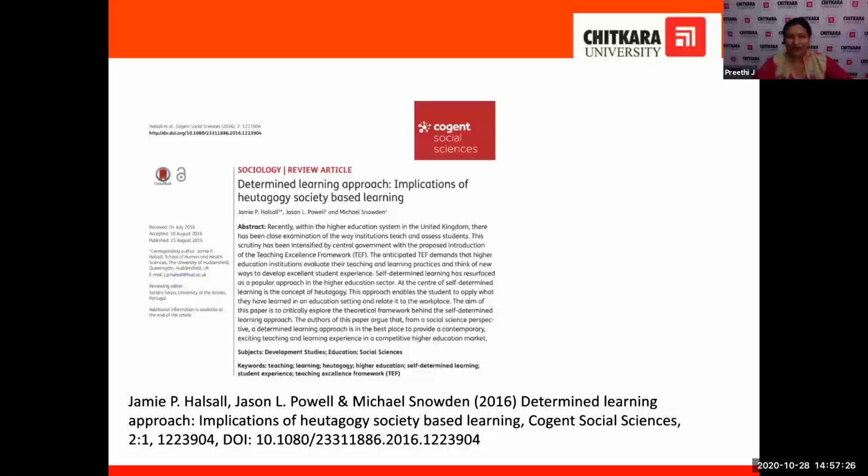But as I talk about Heutagogy, for example, from this particular article, they also talk about some risks of Heutagogy. Not everything is gold and perfect as it looks. There are also some drawbacks.